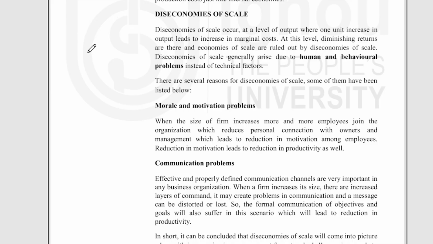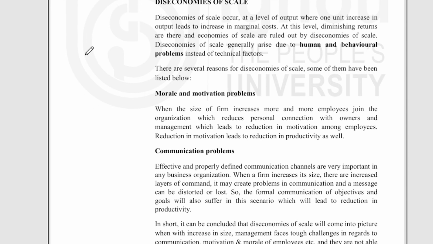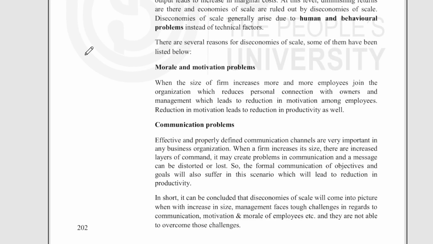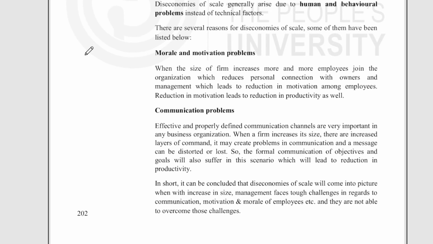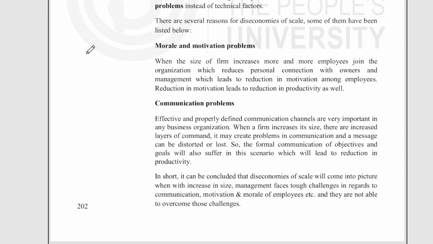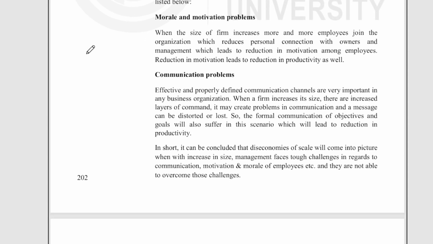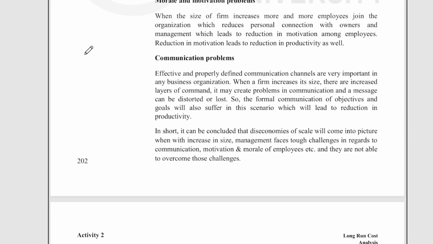Some of them are listed here. One is morale and motivation problem: when the size of the firm increases, more and more employees join the organization, which reduces personal connection with the owner and management, which leads to reduction in motivation among employees, and reduction in motivation leads to reduction in productivity as well. And communication problem: effective and properly defined communication channels are very important in any business organization.